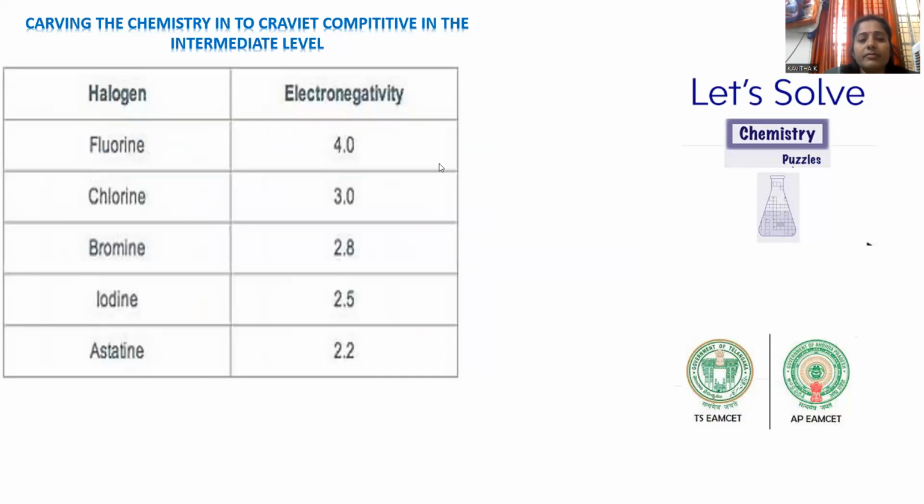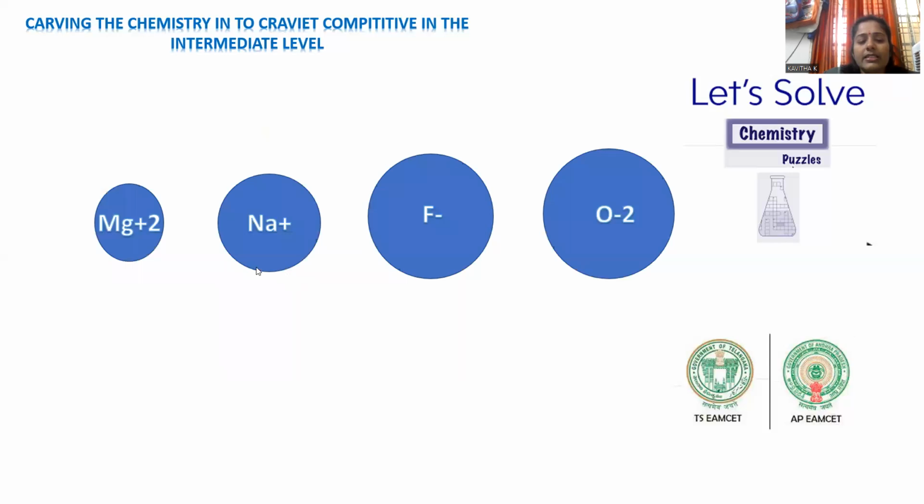And next, as per the Mulliken scale, chlorine's electronegativity is 3 only. They are asking for 3.5. 3 is the correct answer. And next, if you see the sizes of all the ions, being positively charged, the smallest is Mg plus 2, and the next, with the positive charge somewhat decreased, Na plus is still larger, F minus is the larger one, and O minus 2 will be the largest one.